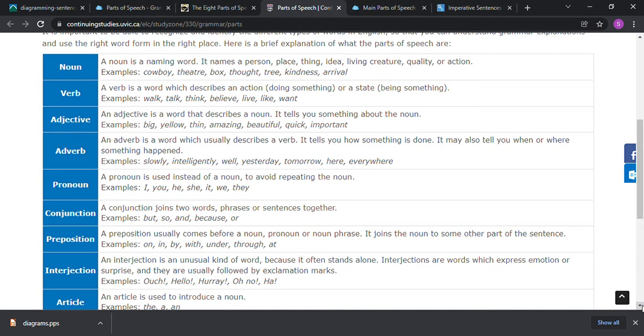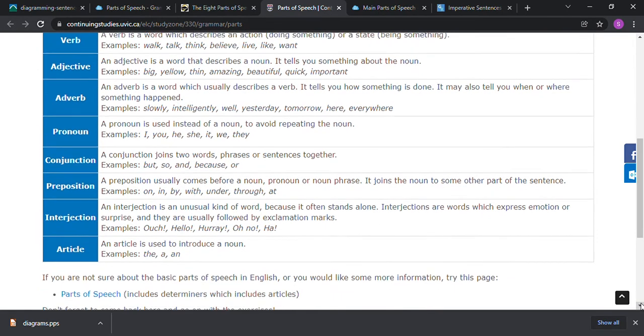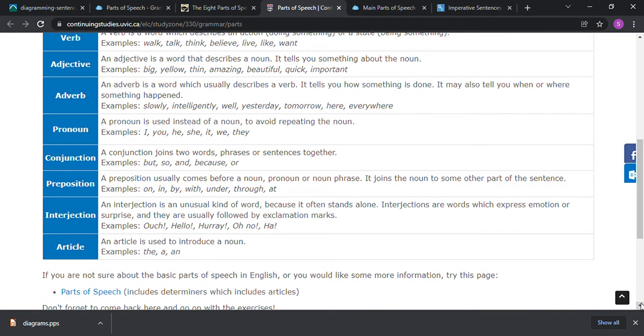It talks about adverbs. And here it says an adverb may also tell you when or where something happened. It talks about pronouns, a conjunction, preposition. That's something else. You might want to have them make a list of prepositions so you know what a prepositional phrase is. Interjections and articles.